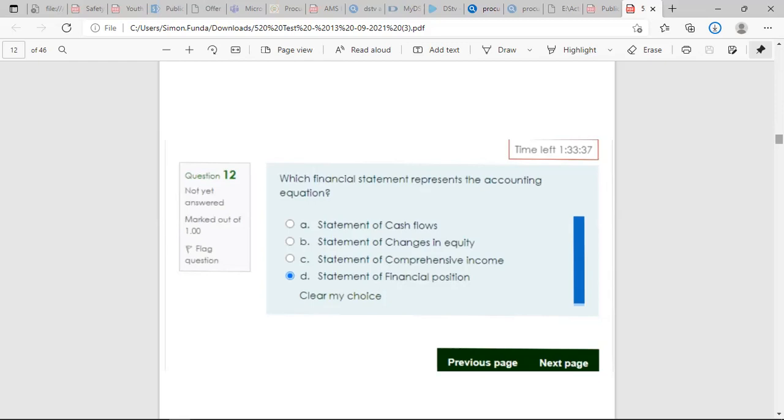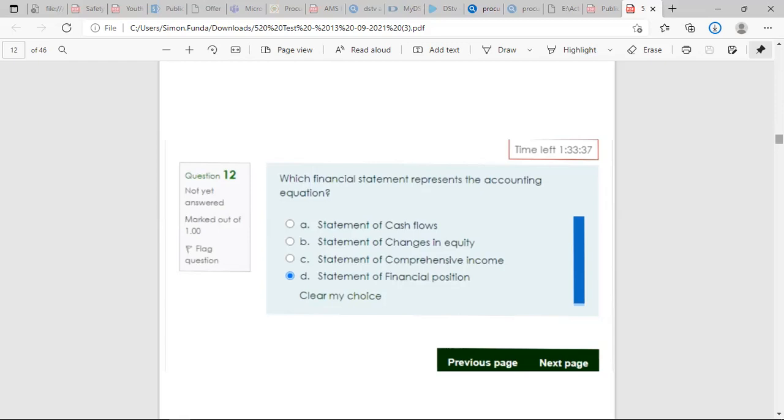Changes in equity shows what has changed in share capital, and whether we have any accumulated losses or gains from previous years. The cash flow will just show you the cash items in terms of payments and receipts. So the correct answer, of course, is D, the statement of financial position.